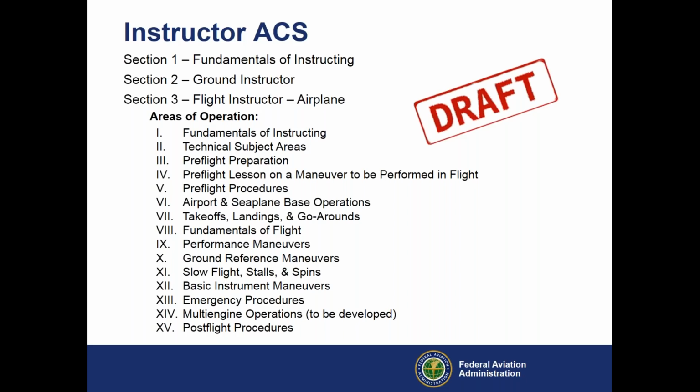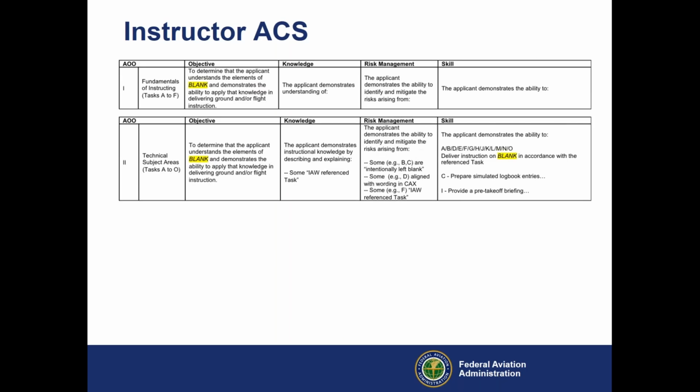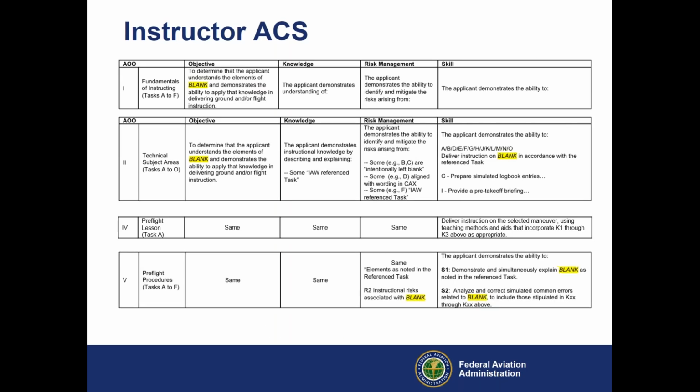Yes, there's a lot of information to cover, and making it a user-friendly document is a challenge. Here's an example of some of the areas of operation and some of the tasks and elements from the instructor ACS.